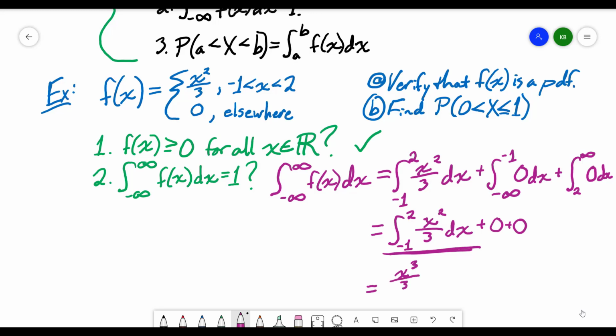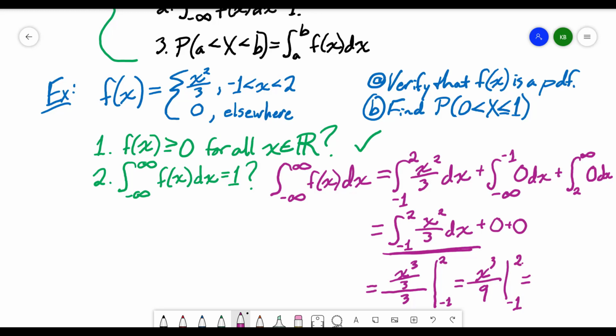So I'm dividing by 3, and that's what's in my numerator. And I still have an over 3 in my denominator. And I'm going to be taking this from negative 1 to 2. So I can simplify this to be x cubed divided by 9 from negative 1 to 2.